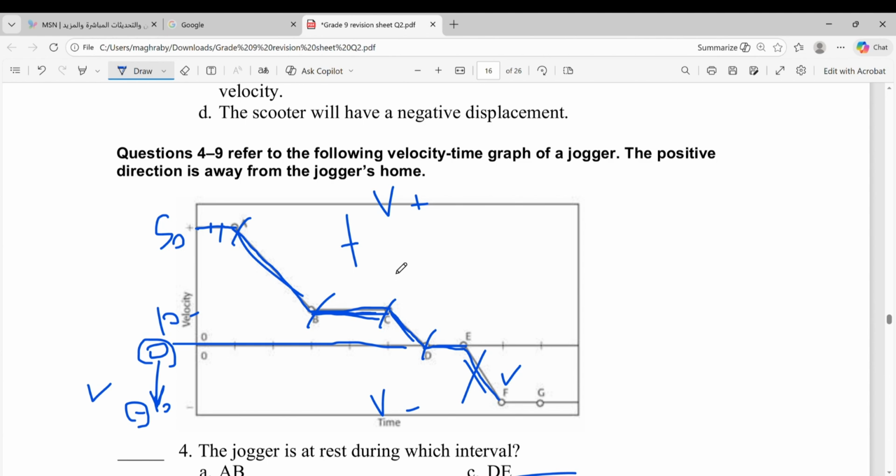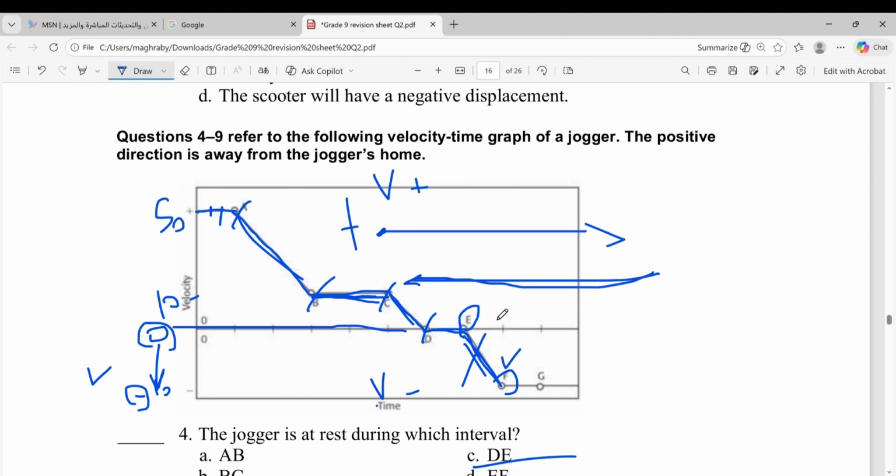So that means it was moving in this direction, and this means it is moving in this direction. So in order to get back to the home, you have to use this one, because after you get very far from your starting point, to get back you have to change the direction of the velocity, and he changed the direction of the velocity from E to F. Because the velocity here was negative. Negative means the opposite direction of the positive.